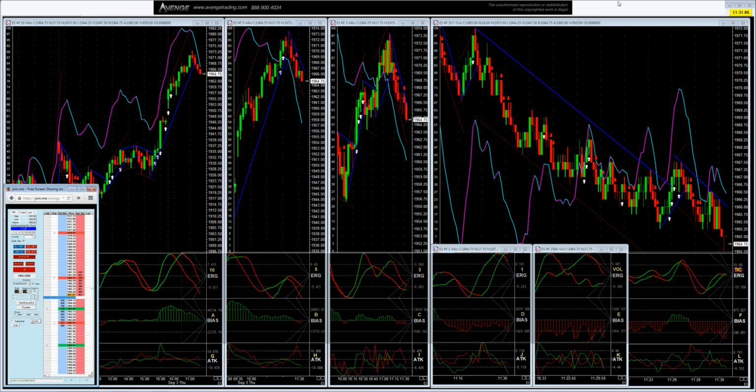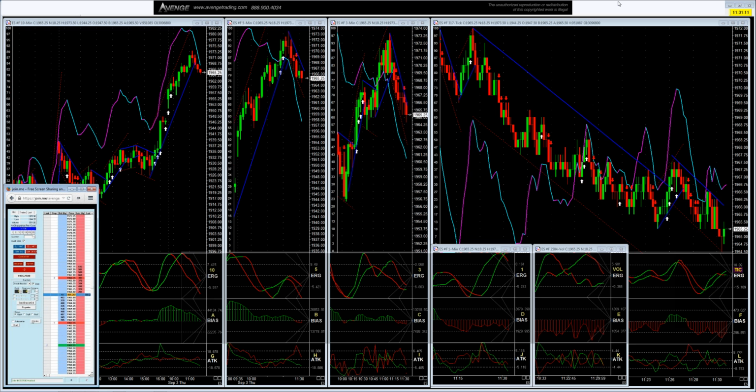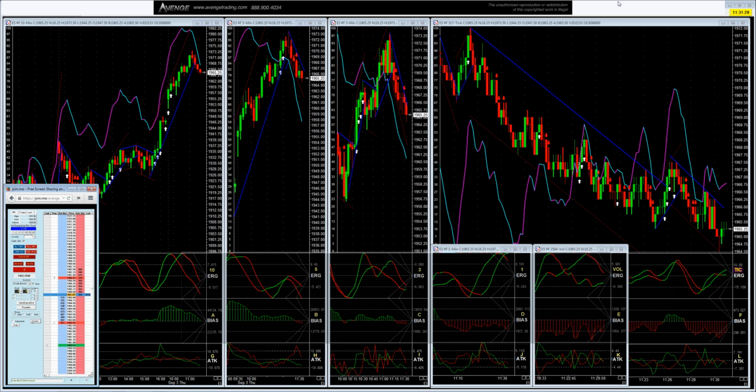And we did fill our 1 point target as well as the compound. Our break even on the compound is 65.75.